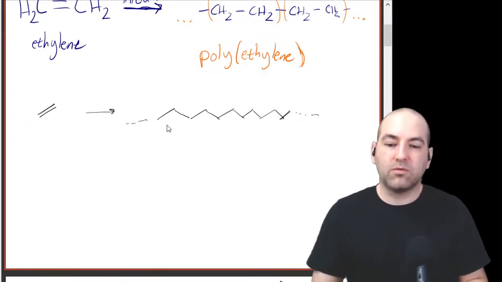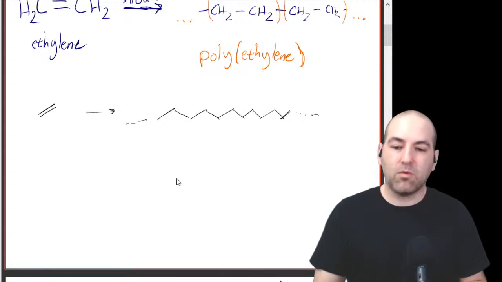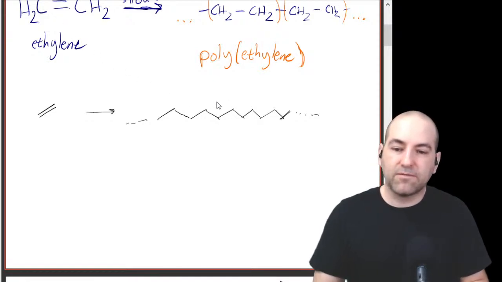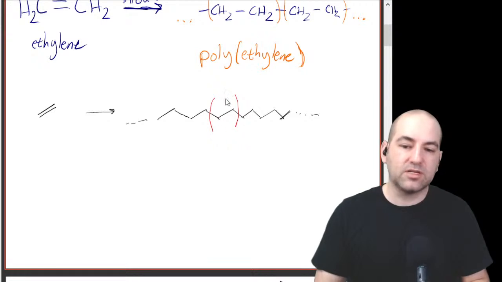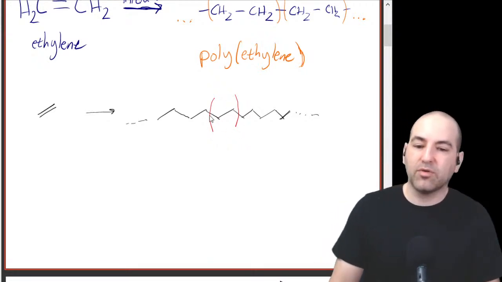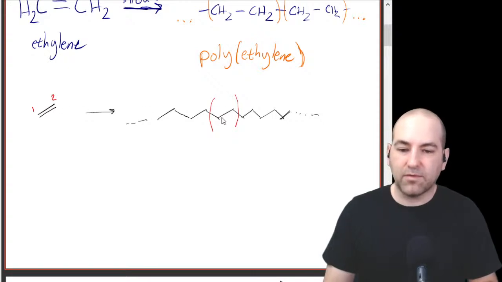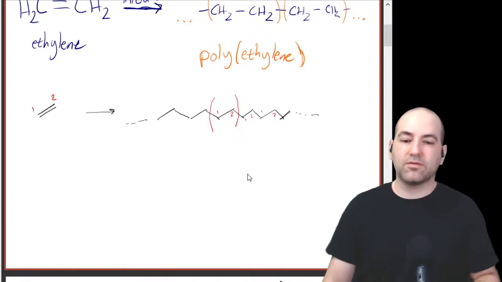So often when we draw a polymer, we want to kind of just take a look at the structure and just look for the smallest part that expresses what's really doing the repeating. So in this case, what I've highlighted here in parentheses, those are the two carbons that are really repeating over and over again from the monomer. So 1, 2, 1, 2, and then it just kind of keeps going 1, 2, 1, 2 as you go on throughout the chain.